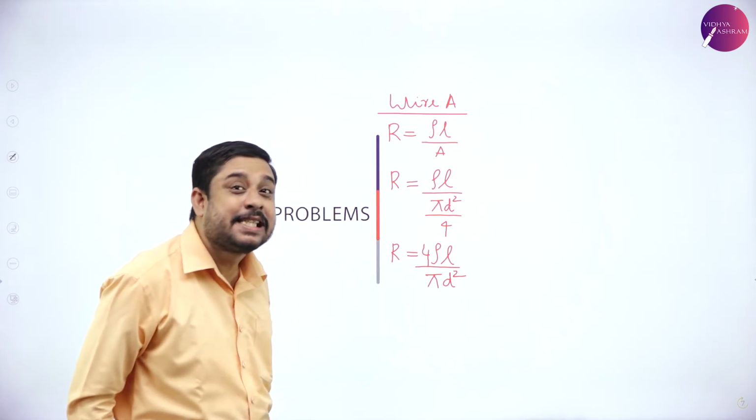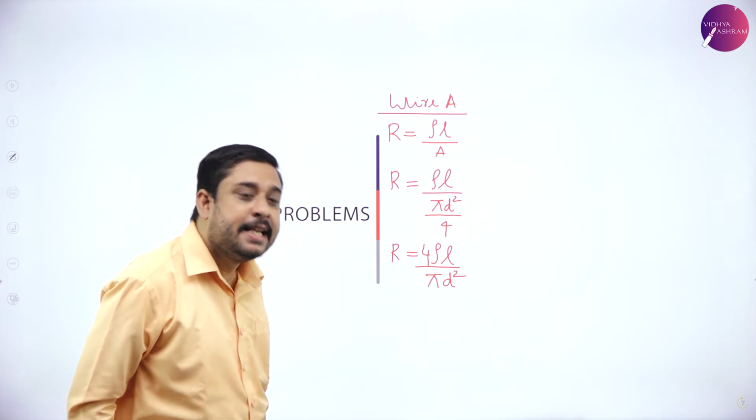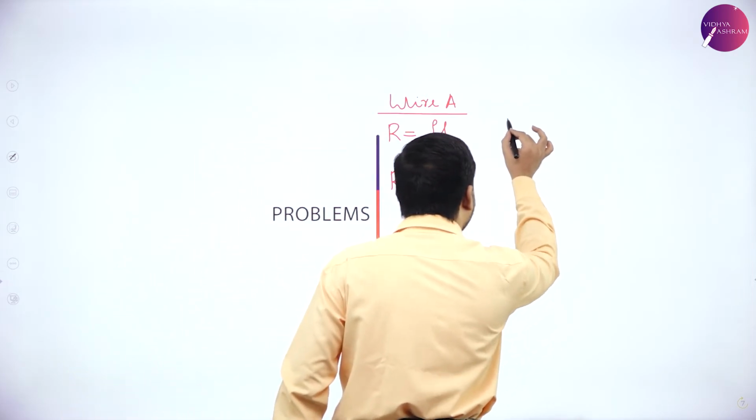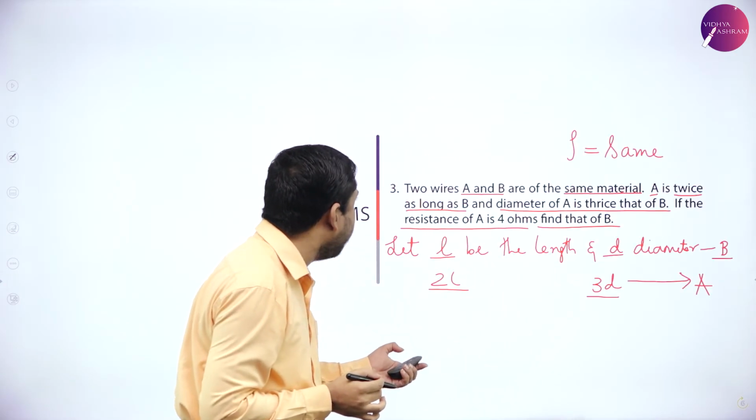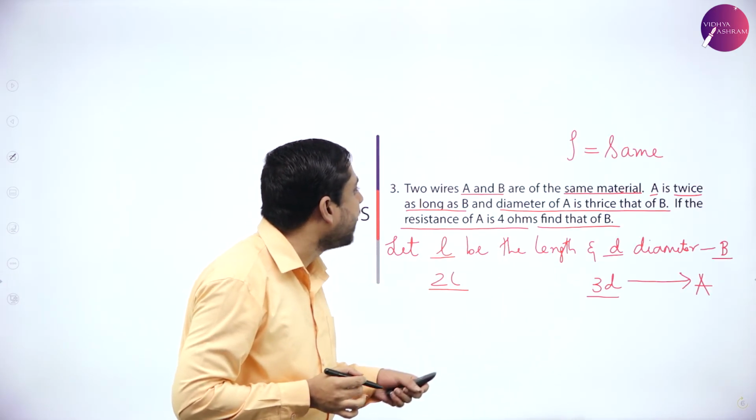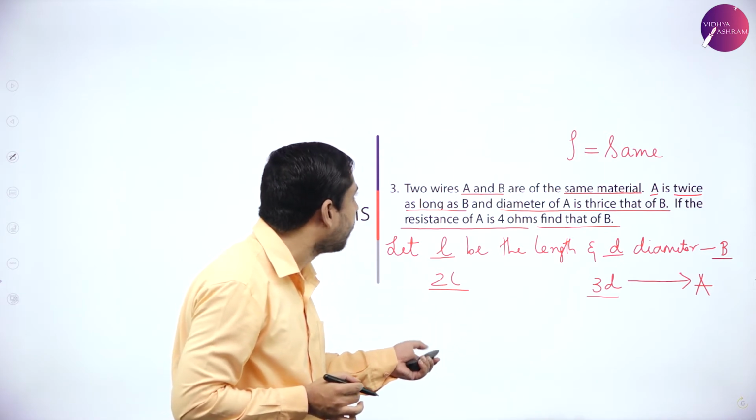What is the resistance of the wire A? Yes, it is given to be 4. So, resistance of A is 4.